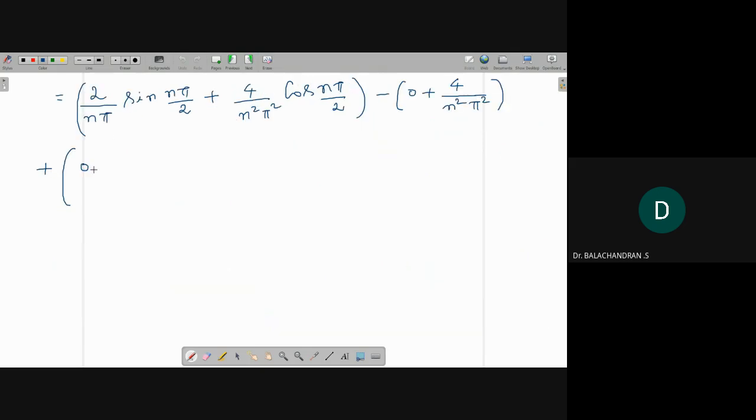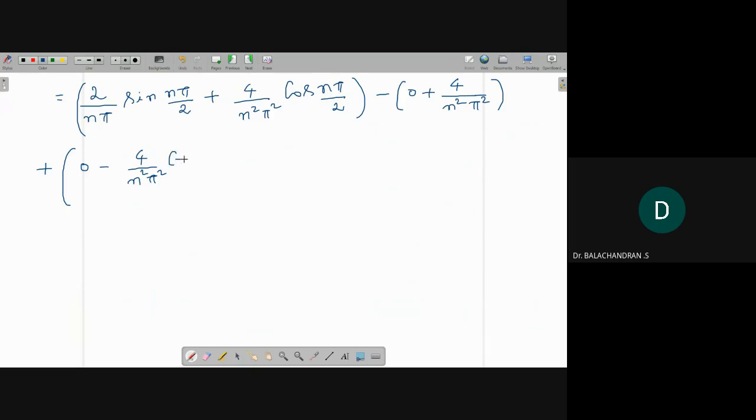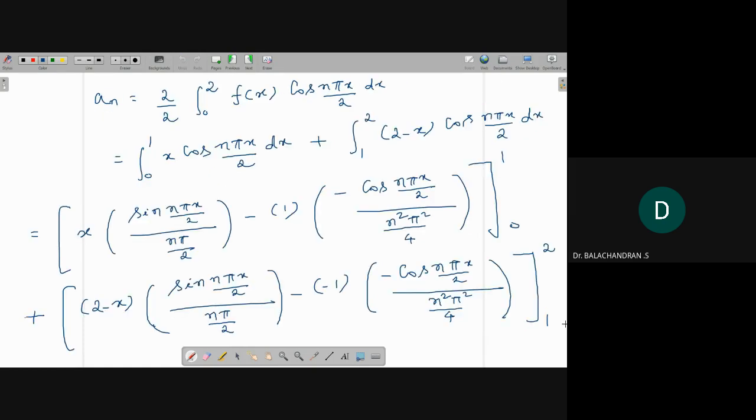So minus 4 by n square pi square. And then when x is equal to 2, the 2 gets cancelled. Cos n pi means minus 1 whole power n. So upper limit is over, minus lower limit. Lower limit when x is equal to 1, 2 minus 1 is 1. So 2 by n pi sin n pi by 2.